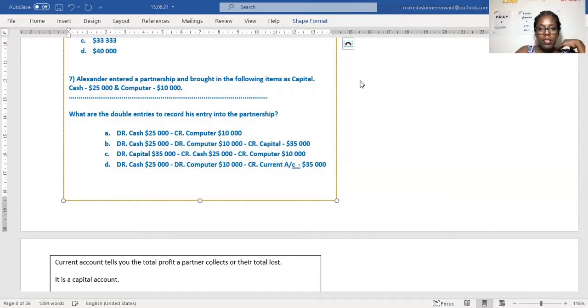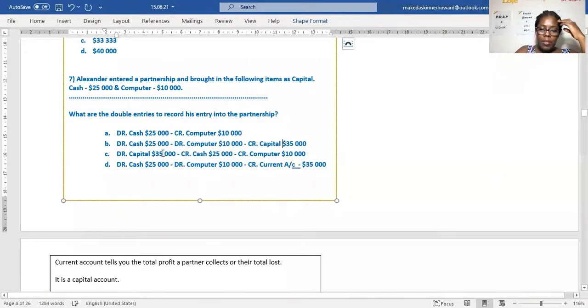Okay, all right, I've seen an answer coming in already. So is it A? Will we debit cash and credit computer? Or is it B? Will we debit cash 25,000, debit computer 10,000, and credit capital 35,000? Or is it C?